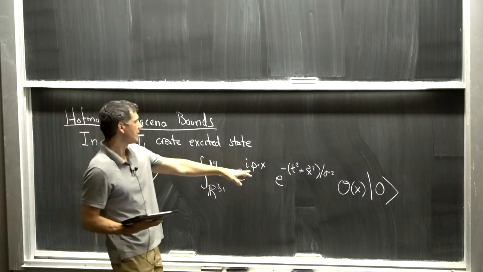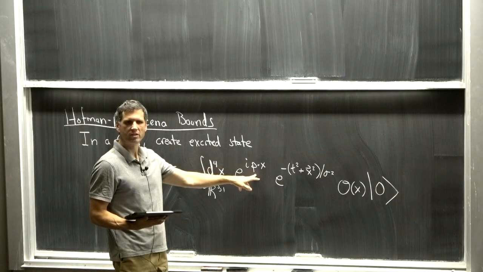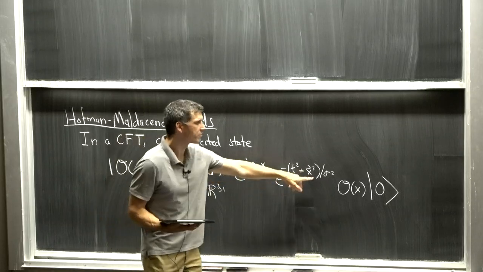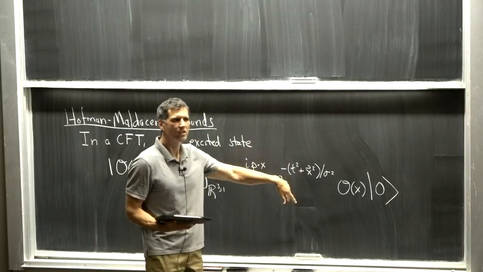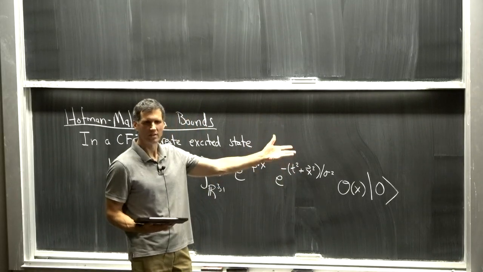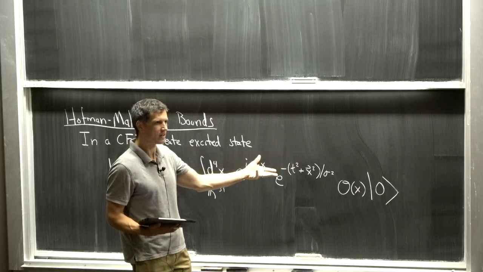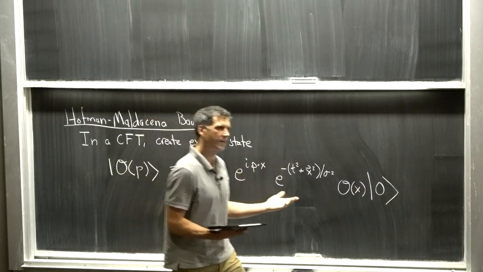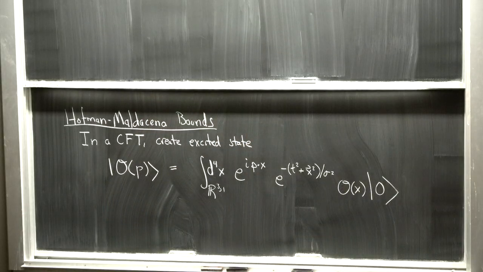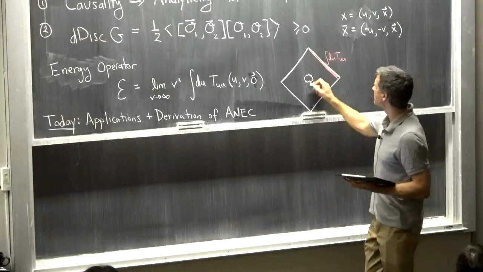So this is inserting some momentum, and the purpose of this Gaussian here is just to regulate things. We only want to create the state near the origin in the spacetime sense. So if we go back to our picture of the energy correlator experiment, then this is creating a state by inserting an operator smeared over this region near the origin in Minkowski space.